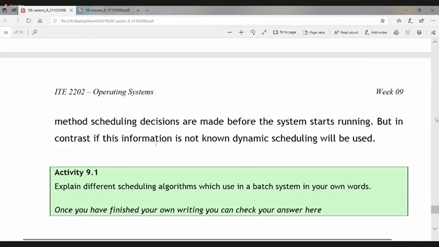In this method, scheduling decisions are made before the system starts running. So we can make the schedule earlier, before the system starts. But in contrast, if this information is not known, then there is going to be a problem. Dynamic scheduling will be used. So we have to change during runtime.